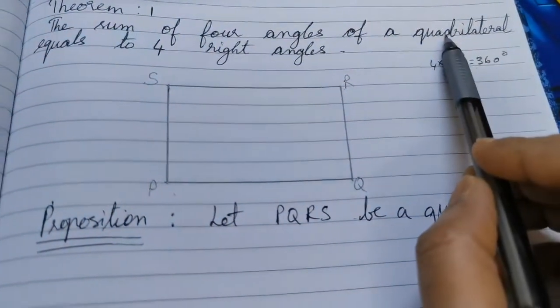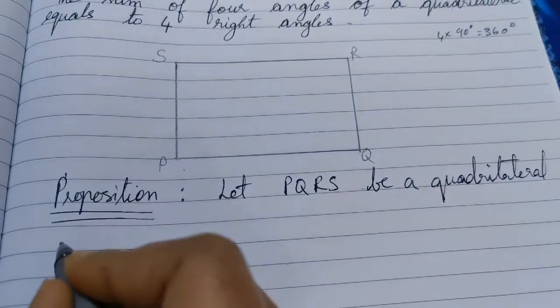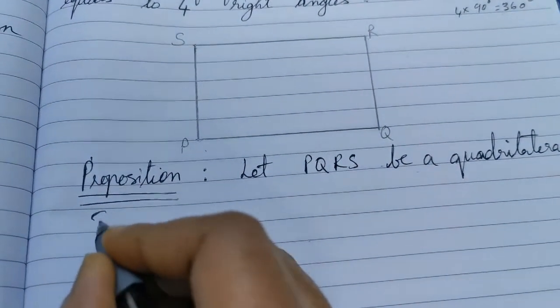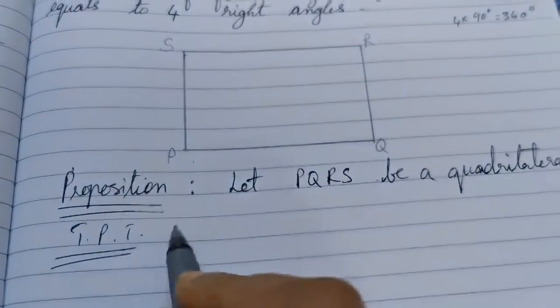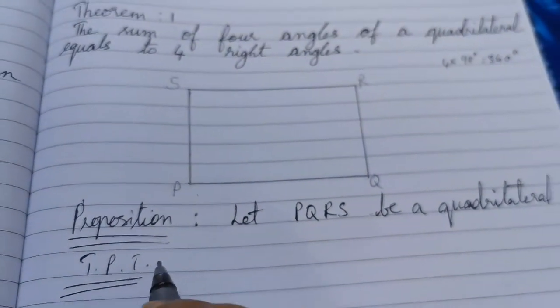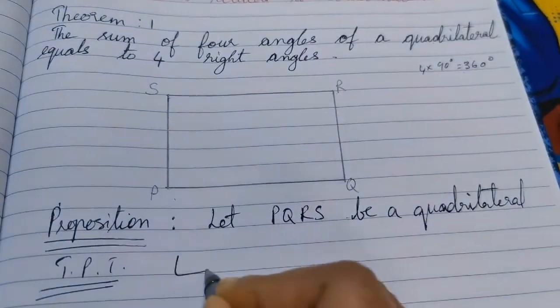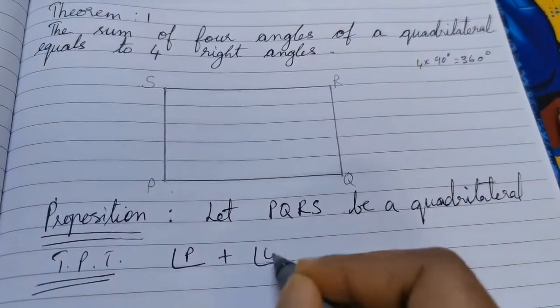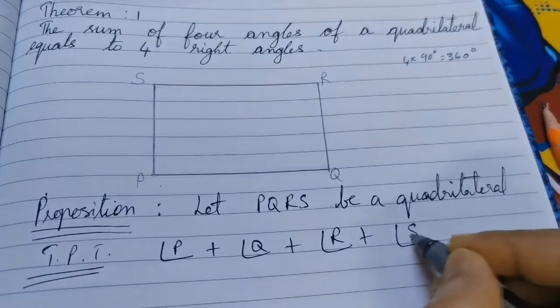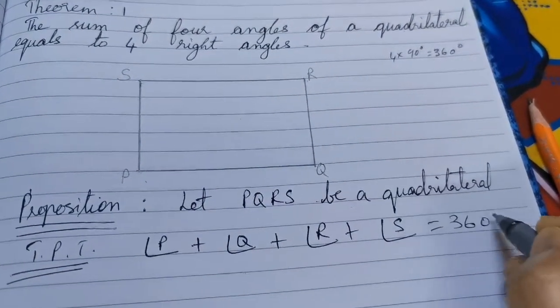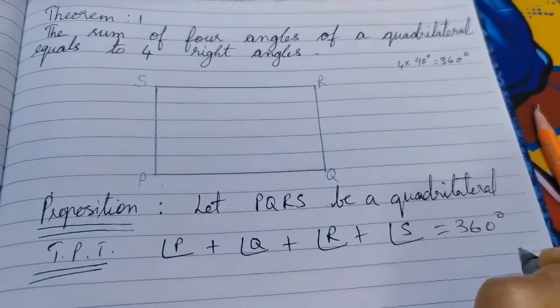There is a quadrilateral. What are we supposed to prove? Let me write what is required to prove. To prove that, what should I prove? I should prove that angle P plus angle Q plus angle R plus angle S is equal to 360 degrees. So this is what I have to prove.